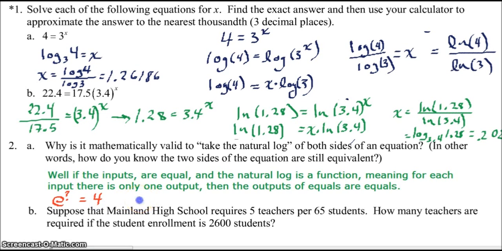Now, if 4 equals 3 to the x, then that same exponent will work. And the exponent that works is the natural log of 4 in the first case. That's just the definition of the exponent. And in the second case, it's the natural log of 3 to the x.